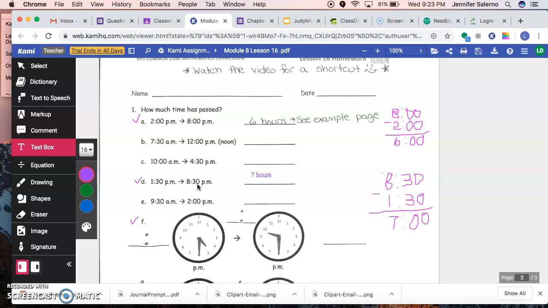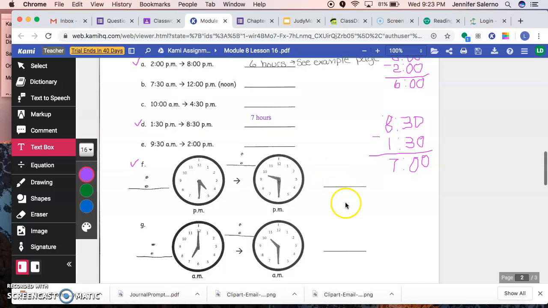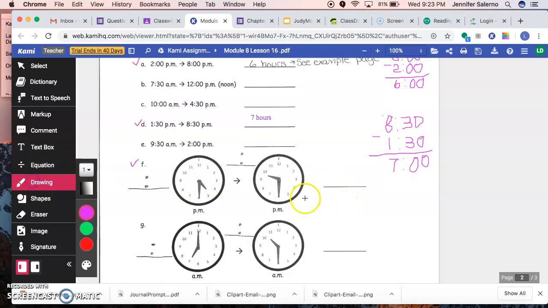Now I want to go over what happens when you can't use the shortcut. So let's look at this problem, okay? We have 7:30 a.m. as our start time to 12 p.m. So what we need to do here, and I'm just going to move down here a little bit, is make a line.